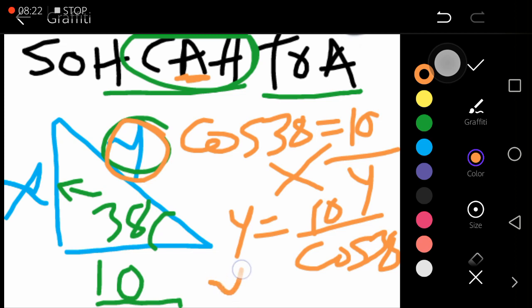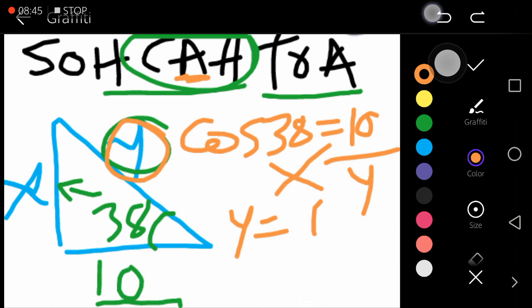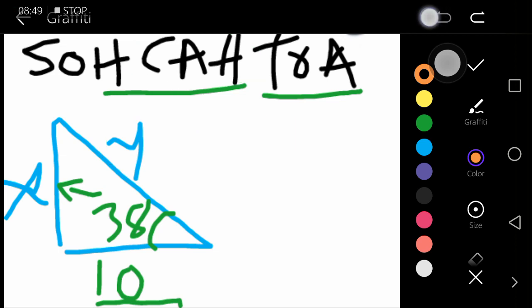On a scientific calculator, 10 divided by cosine 38, y is 12.7. Okay, clear.